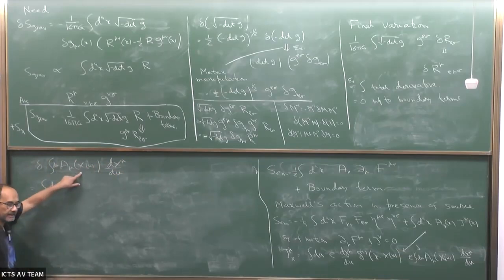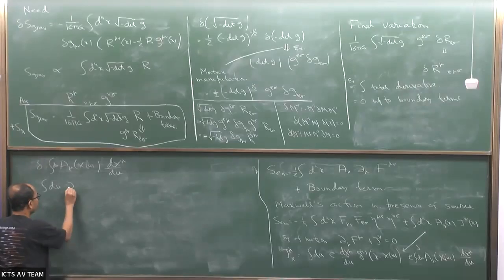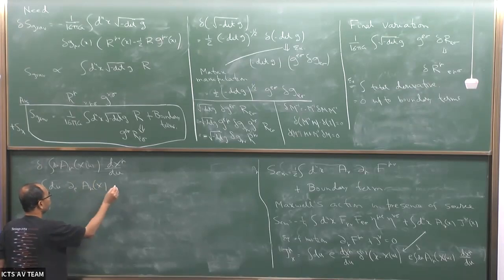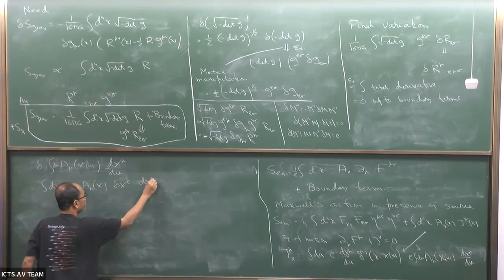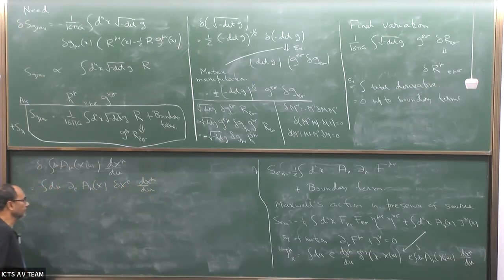First, delta a mu of x, because why does delta a mu of x vary? You are trying to vary x, but the argument varies. So the first variation will be, let me write this delta of x, so that it's clear that you are only varying x, because Maxwell's equation you have already got by varying with respect to a mu.